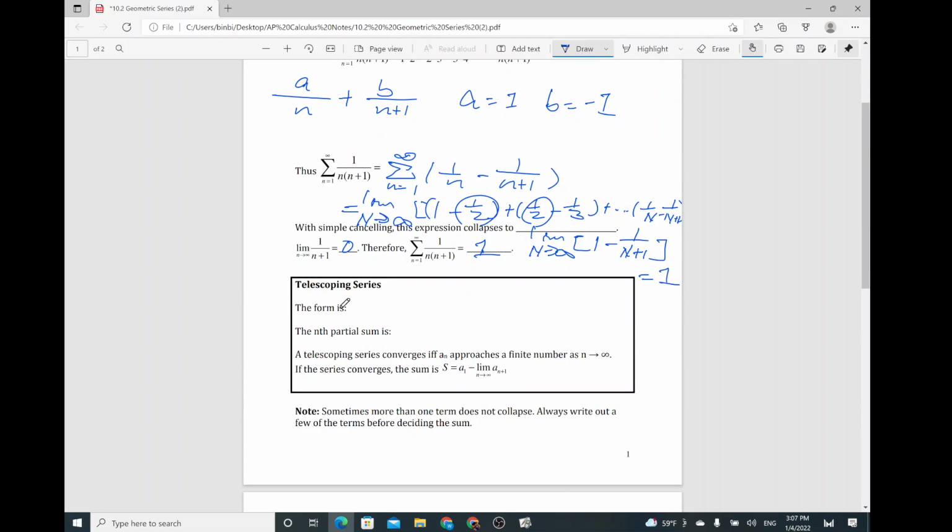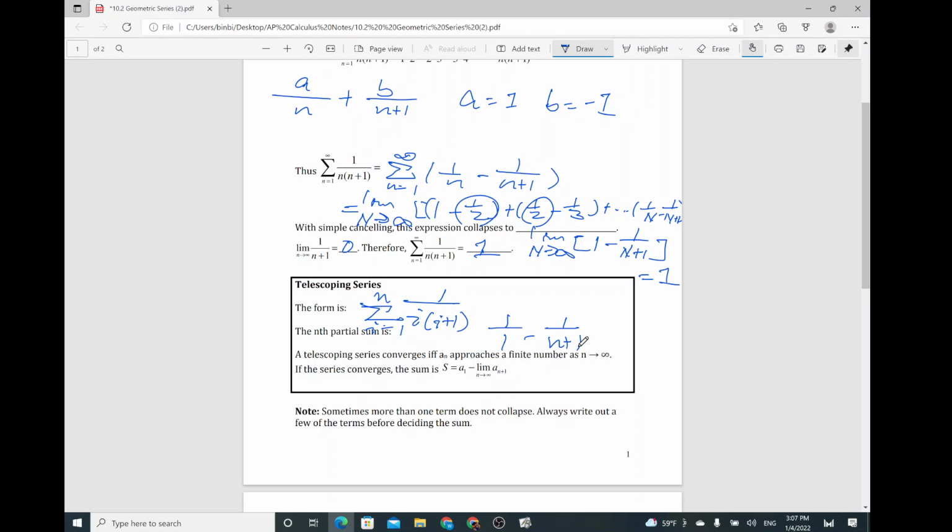The form is always given as the sum from i equals 1 to n of 1 over i times the quantity i plus 1; you can use n if you want to. The nth partial sum is always 1 minus 1 over n plus 1.